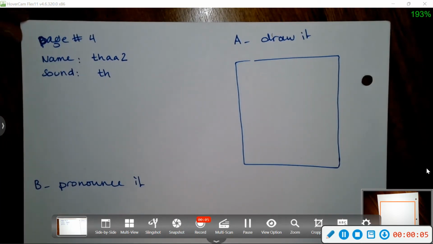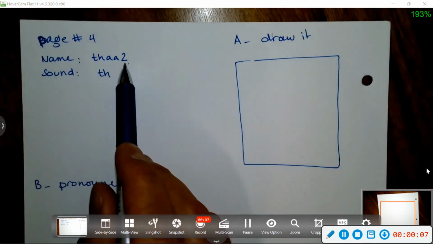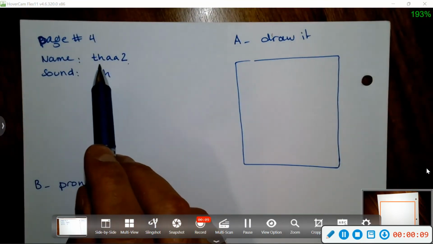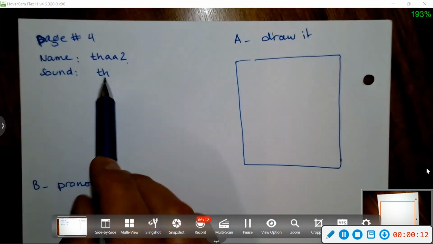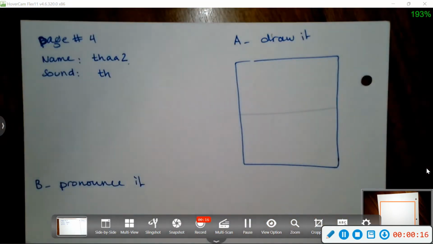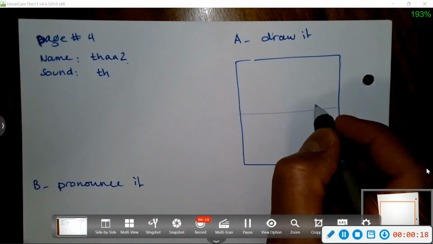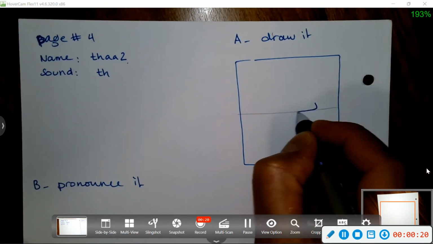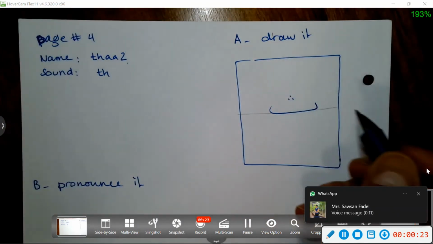Letter number 4, tha. The letter tha. The sound is tha. This is the line. Exactly as we draw ba and ta, we draw tha.